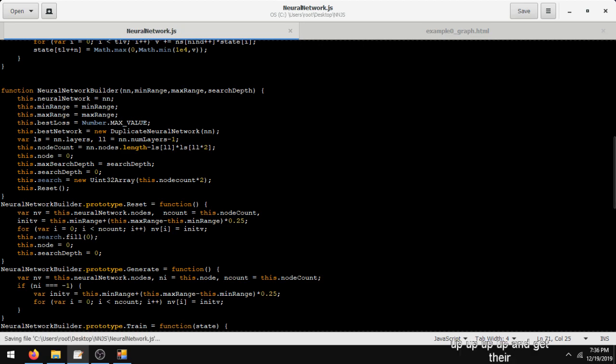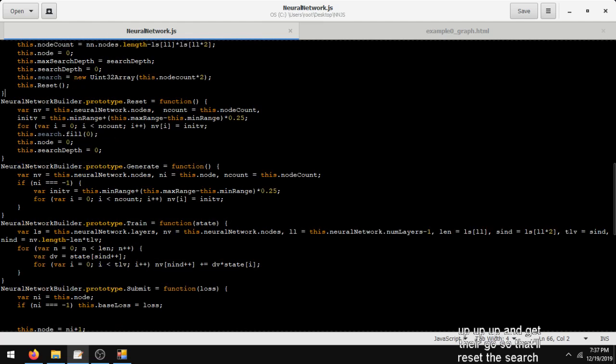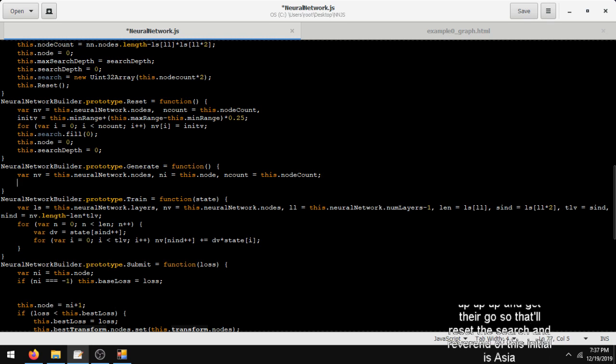Okay, there we go. So that'll reset the search. And that way I don't need to have this initialization function there.